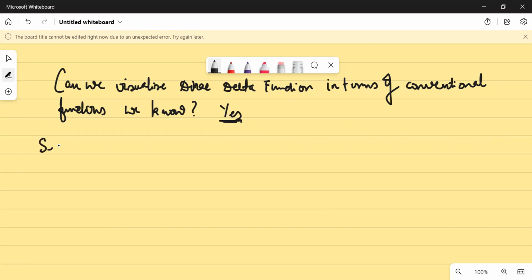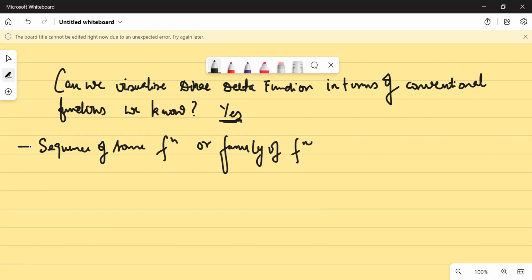You can take some sequence or family of functions that almost behaves as if it is a Dirac delta function.